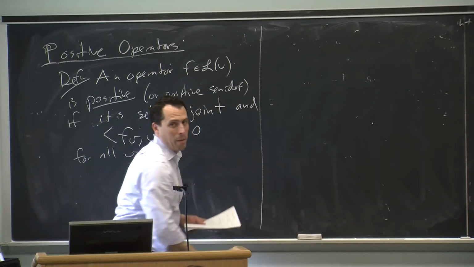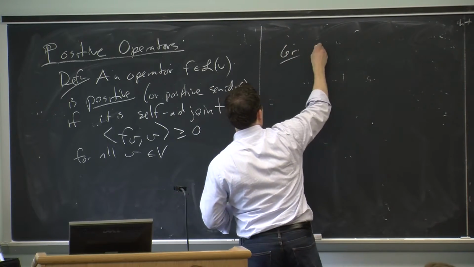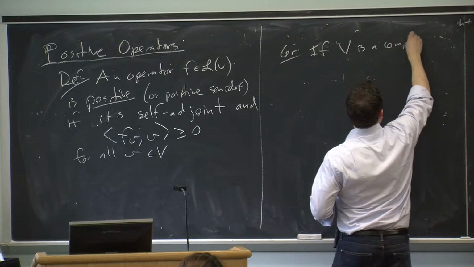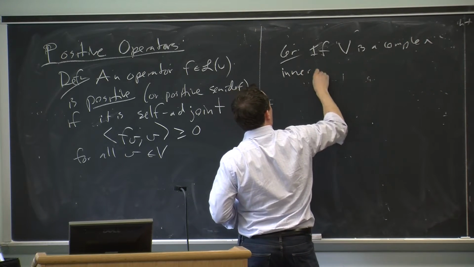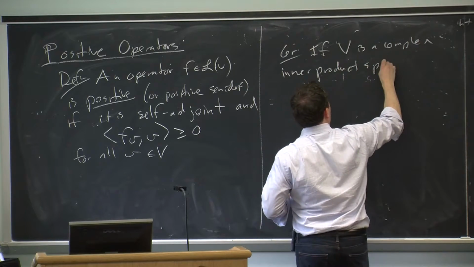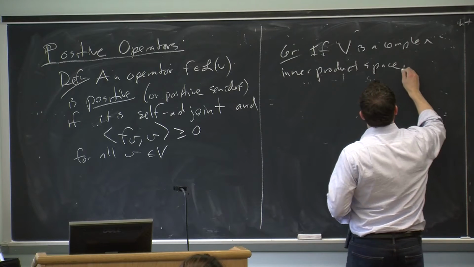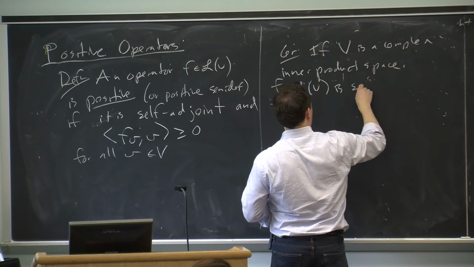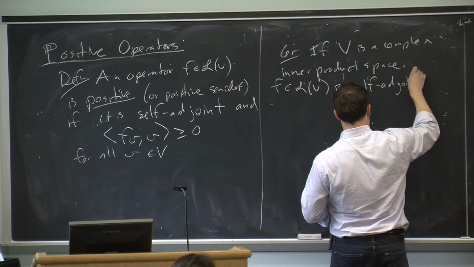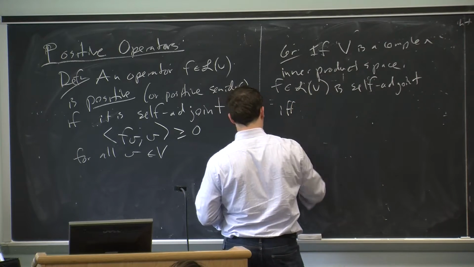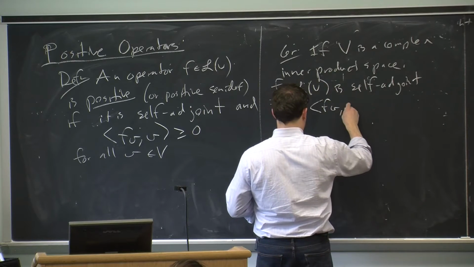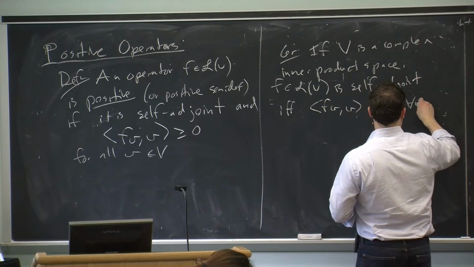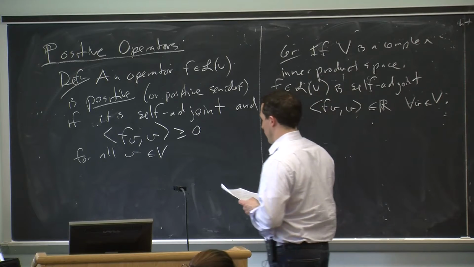So one thing we can note immediately from that definition is that if V is a complex inner product space, then F, an operator on V, is self-adjoint if and only if the inner product of FV and V is in R for all V in V. That was a corollary we've had already.